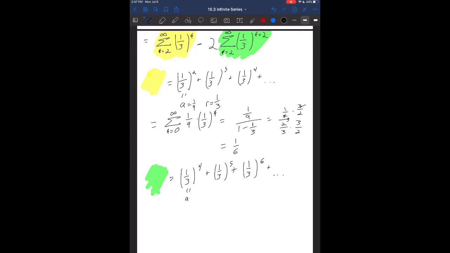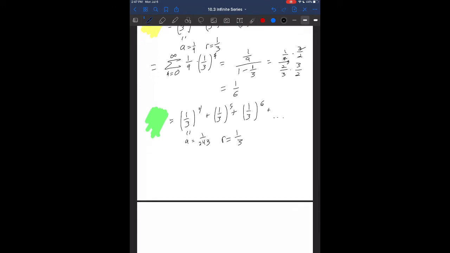And so my a then is this 1/3 to the fourth, which is going to be 1 over 243, getting into kind of gross numbers, and my r is still going to be 1/3. The reason my r is still 1/3 is that between each subsequent term, I'm still multiplying by 1/3. So even though I start at a much smaller value, I'm going to get this r as 1/3 still.